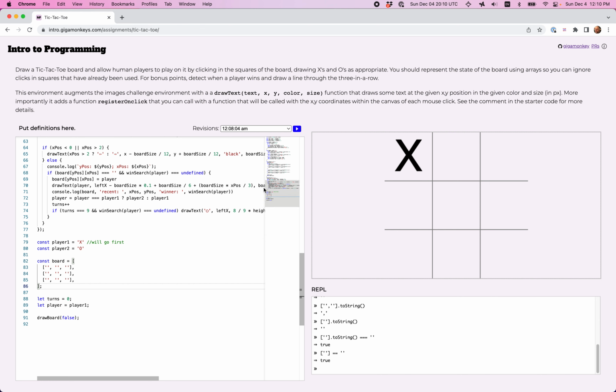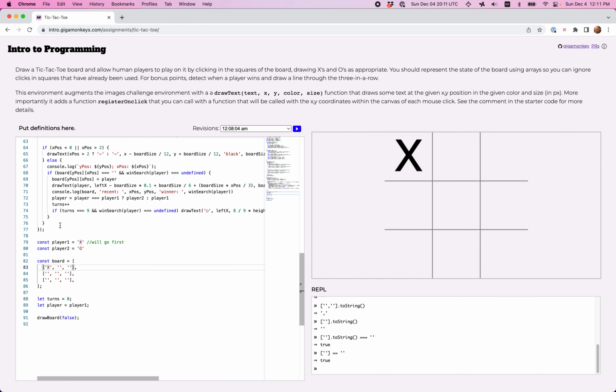And then I'll note that as soon as the board at that row and column gets assigned, the player is a string. So this went from an array containing the empty string to the string X, which is another sign that in general, the types of values in an array should usually, not always, but usually be constant.